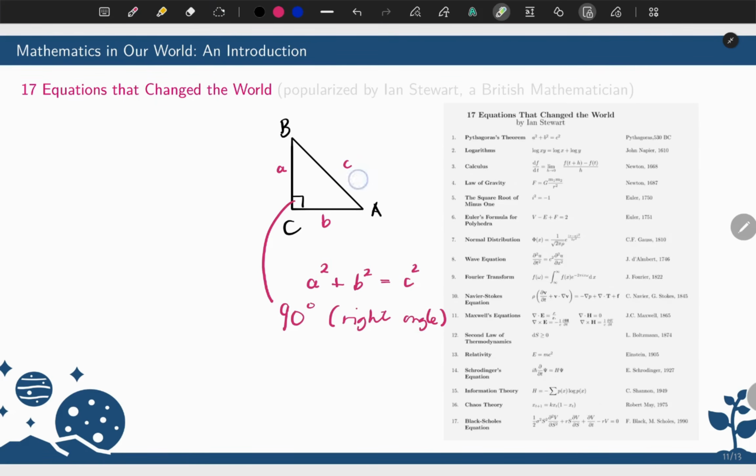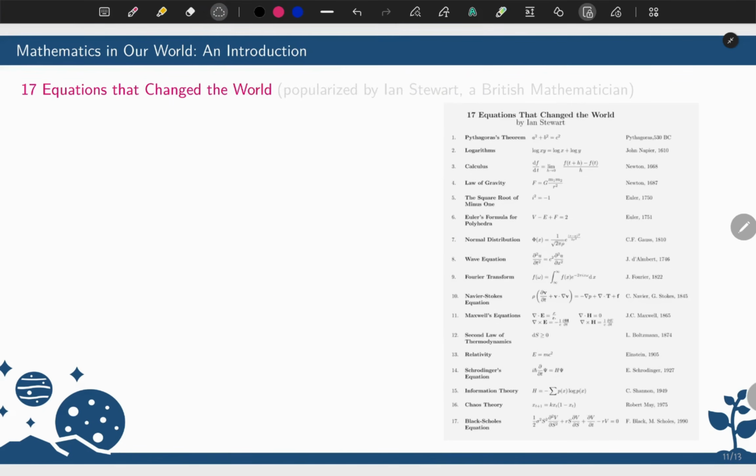Number 2, logarithms. You know from your high school mathematics that if you say 5 squared is equal to 25, well, 5 times 5 is 25.